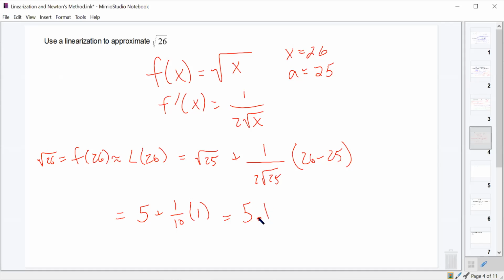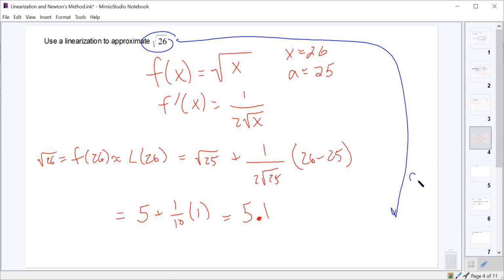And this is another one of those cases where it kind of sounds like you're just making up some crappy answer to be snotty to somebody who's like, what's the square root of 26? You're like, I don't know, 5.1. Well, according to your calculator, what's the square root of 26? 5.099019514.